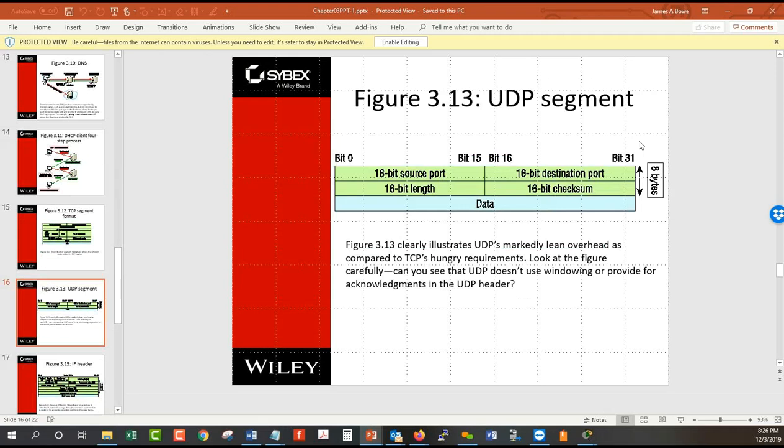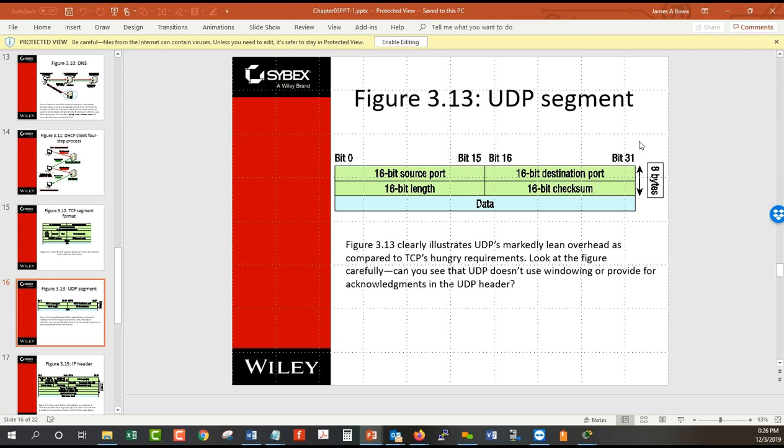This is a UDP segment, again, part of the transport layer. But now you'll notice that the 16-bit port addresses are here, but there are no 32-bit acknowledgement fields. And for this reason, UDP is a lighter protocol.